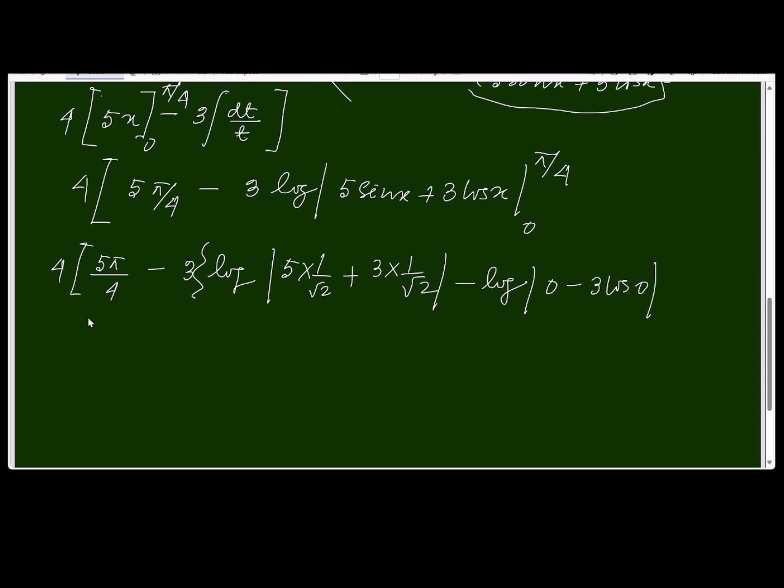So what am I getting? Ultimately, I am multiplying the 4 now. So it will be 5 pi, the 4 cancels. It will be 4 into 3 log 8 by root 2, minus 12 log 3.